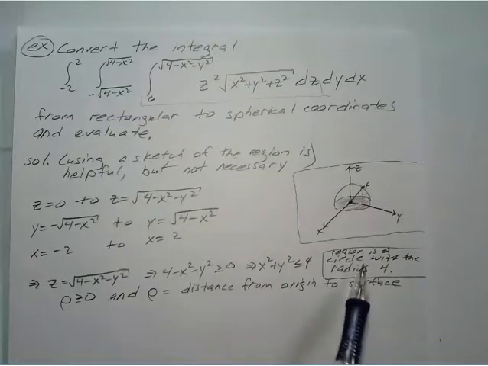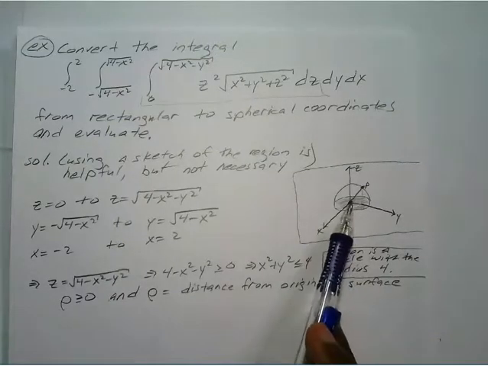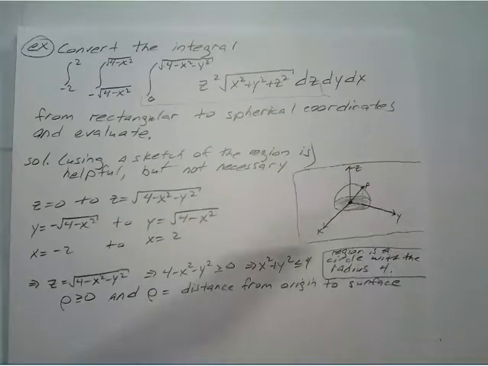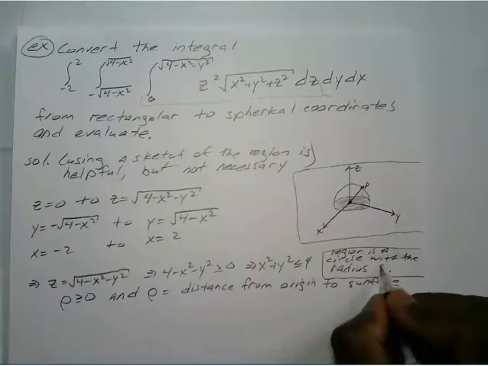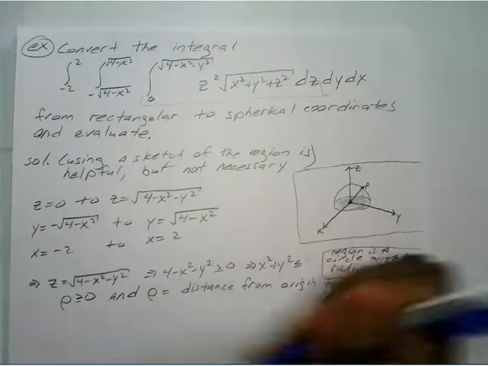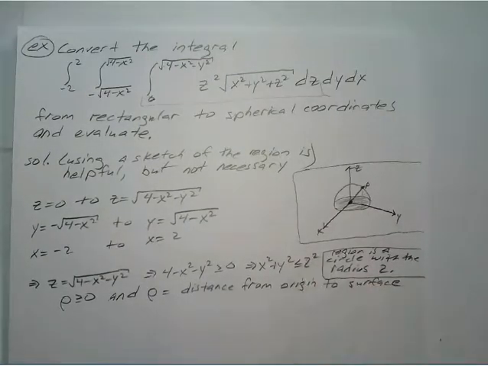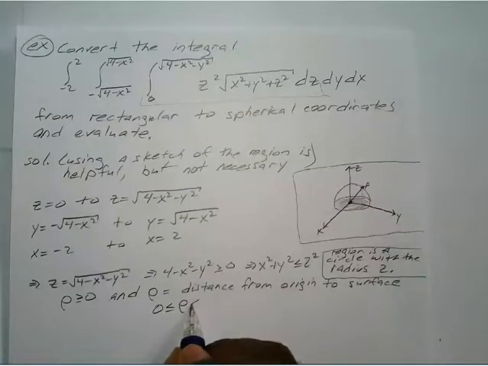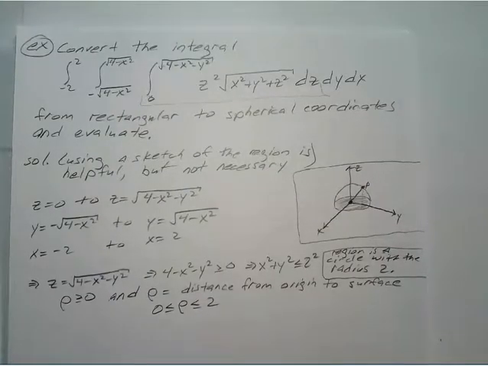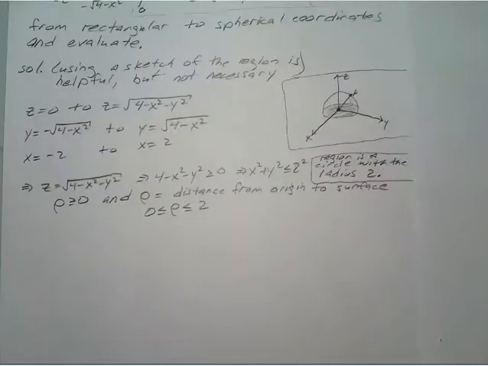Okay, so we know the region is a circle of radius, nope, that should be radius 2, because this is 2 squared. Okay, so that's a radius of 2. That means that rho is between 0 and 2. All right.